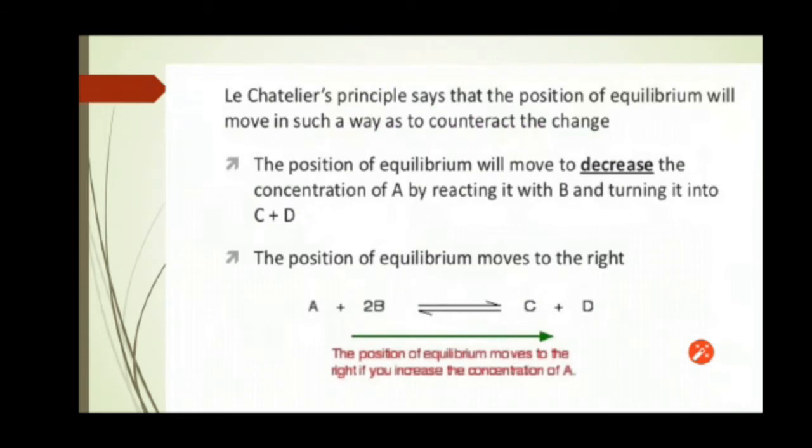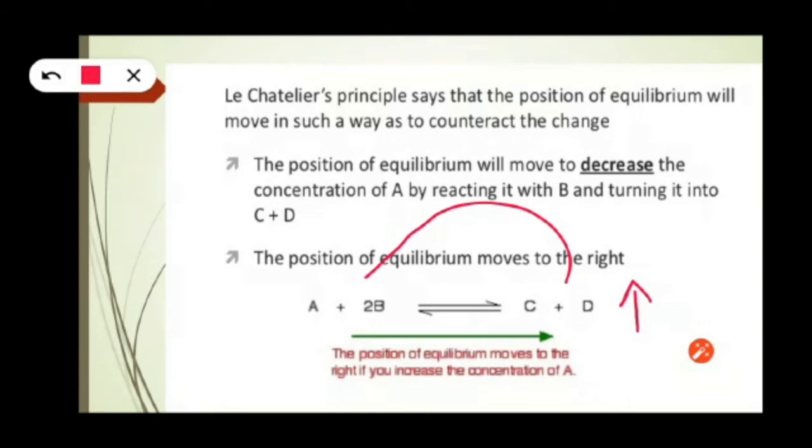Similarly, if we increase the concentration of the product, that is the concentration of C or D, the reaction will move in the reverse direction in order to achieve equilibrium and to balance the concentration.